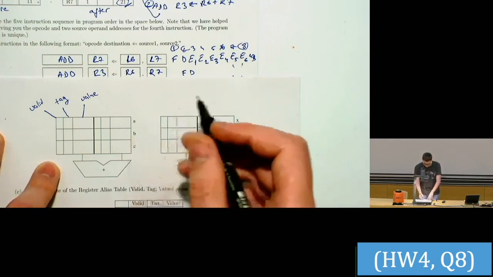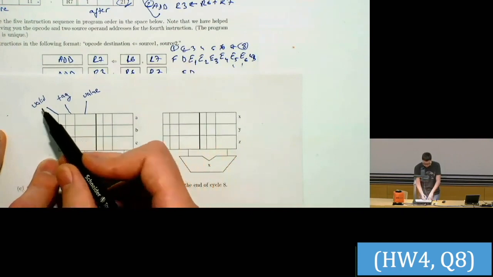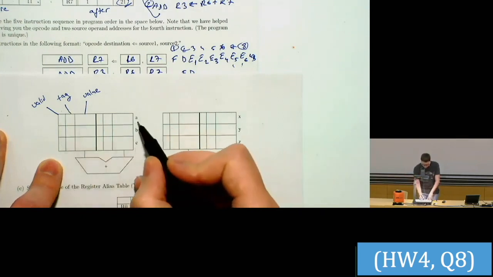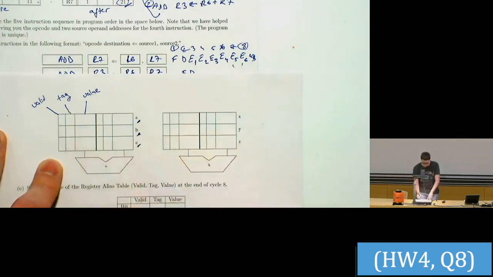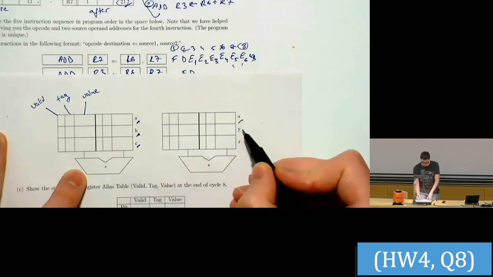So let's fill this part first. Here we had the valid, tag, and value fields, right? Do you remember what those mean? The tag is basically used when you don't have the result calculated, but the result will come from another reservation station entry. And the tag is the ID of that reservation station entry, ABC for the addition unit and XYZ for the multiplication unit.